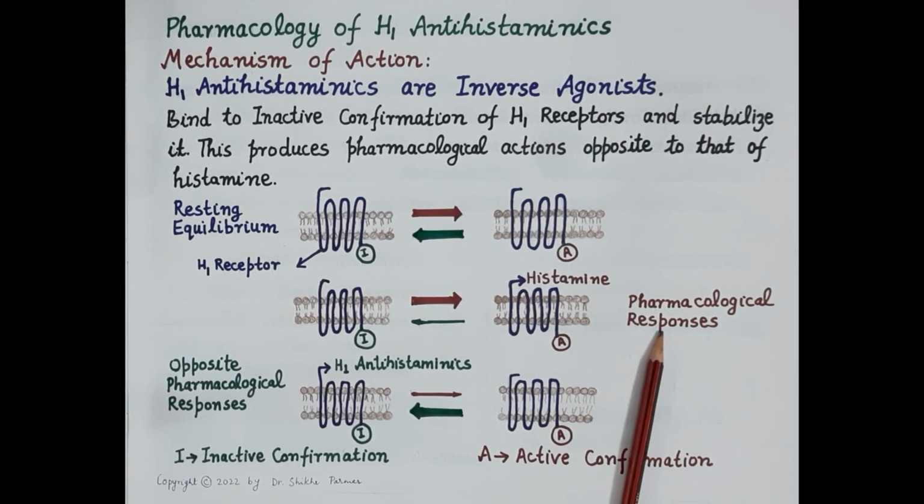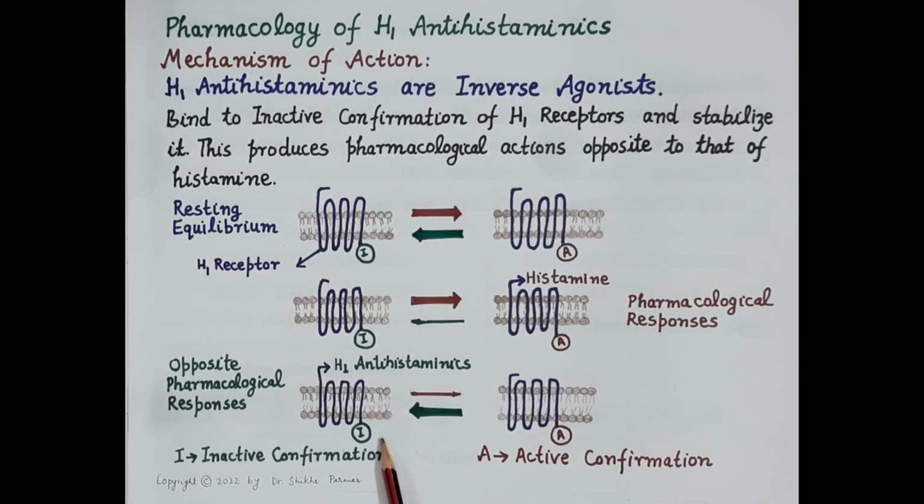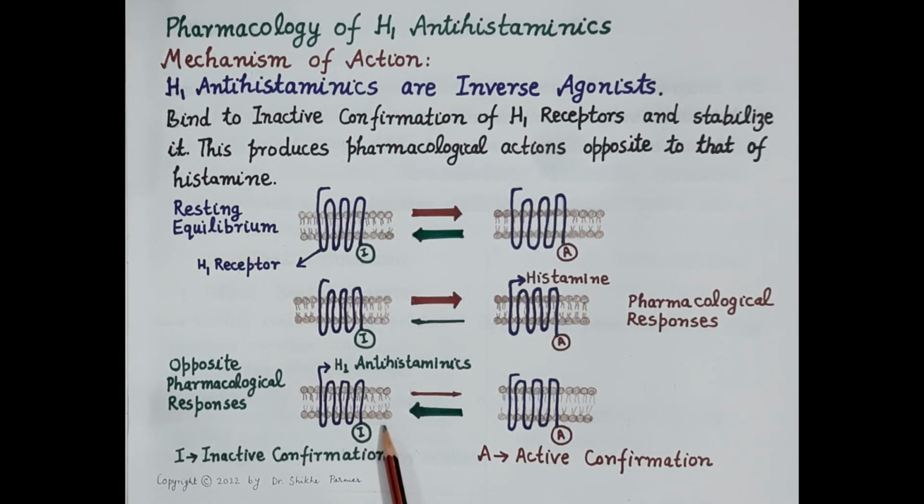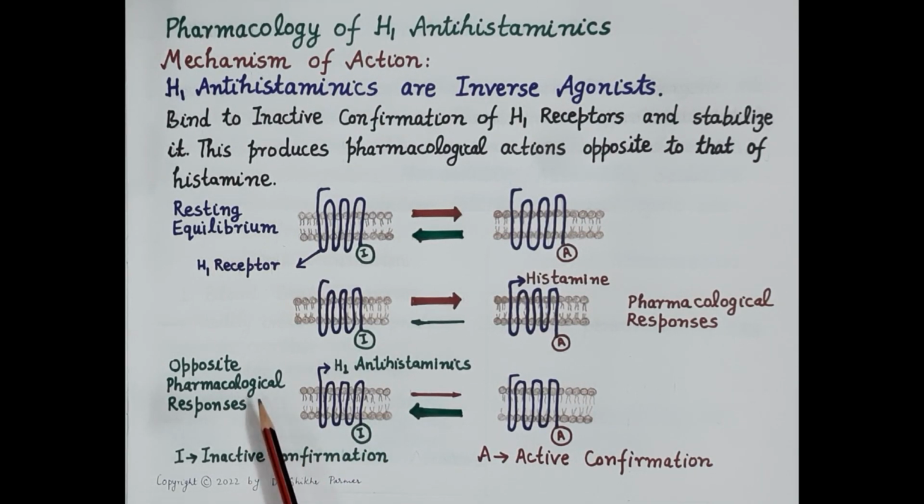While the inverse agonist, here H1 antihistaminics, they preferentially bind to the inactive conformation of the receptor and stabilize the receptor in its inactive conformation. They swing the equilibrium towards the inactive conformation of the receptor, and this results in the production of pharmacological responses opposite to that of histamine.